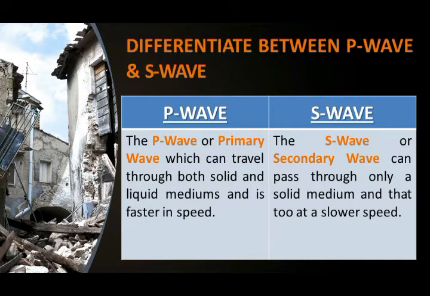These are the waves that can travel through both solid and liquid materials, and they have a faster speed, whereas secondary waves can only pass through a solid medium, and the speed of the secondary wave is quite slower. So this is the behavior of the seismic waves.